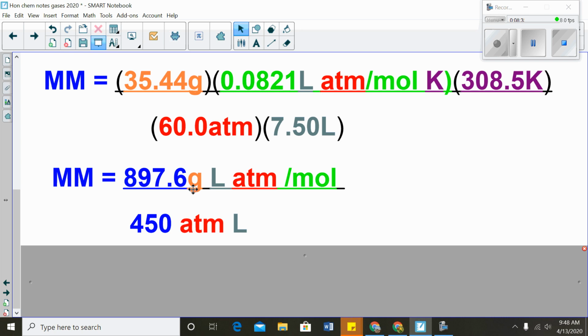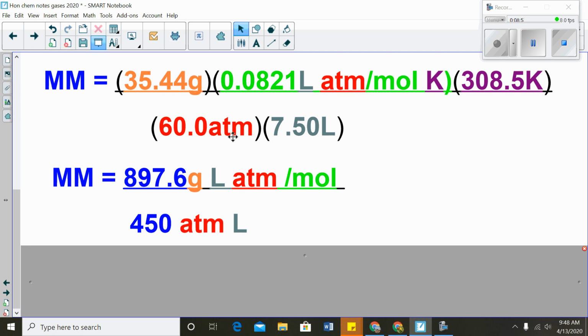The grams did not cancel yet. Liter on the top stays where it is. Atm stays where it is. Mole stays where it is. But notice my K is gone because this K is part of a fraction and it can cancel with the K for my temperature.